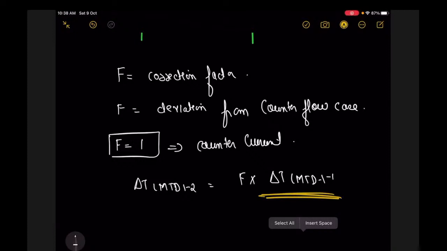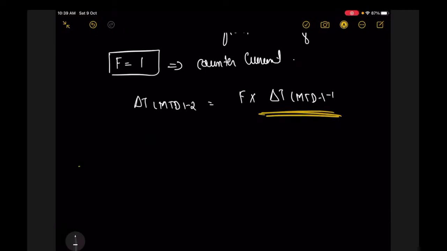Write these formulas. For calculating the F value, we have to take the help of the literature.